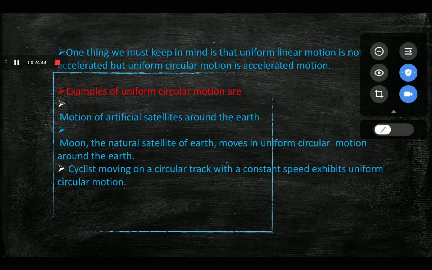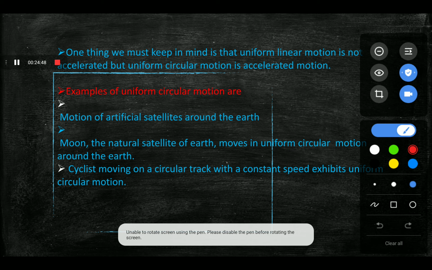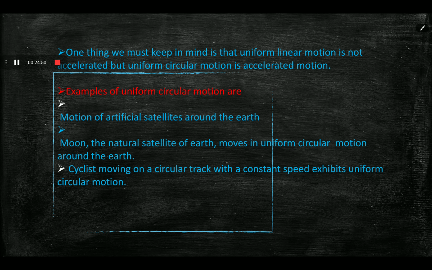Now, some more important points about the uniform circular motion. Here, one thing we must keep in mind is that uniform linear motion is not accelerated motion. Uniform linear motion means when an object moves along a straight line with uniform speed, but that motion is not accelerated motion.